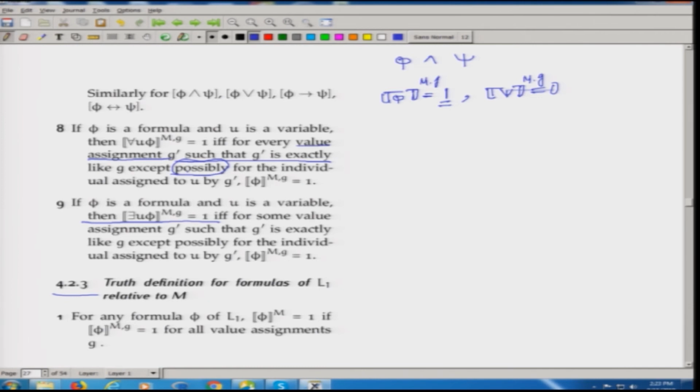Now, the meaning is something like this. We need this page. So, the initial G looks like this. X gets C, Y gets B, and Z gets A. This is the initial G.